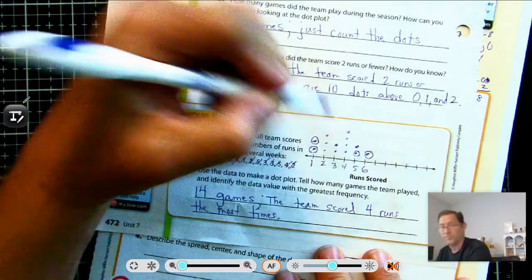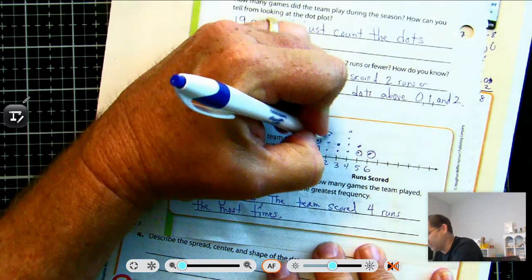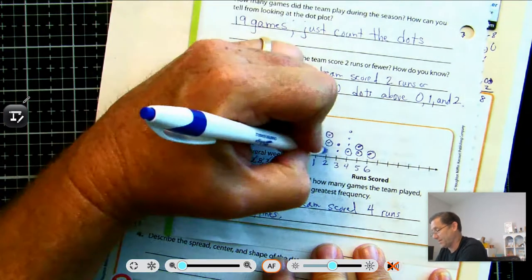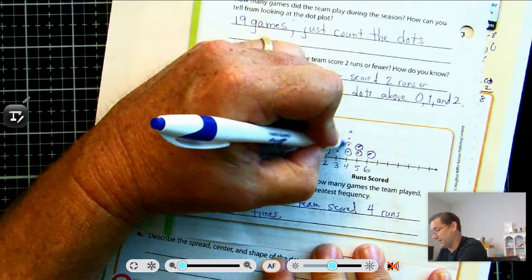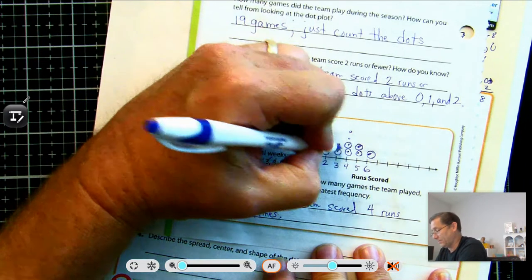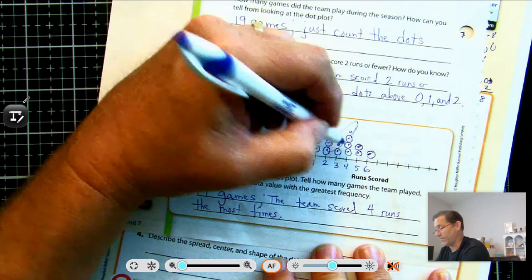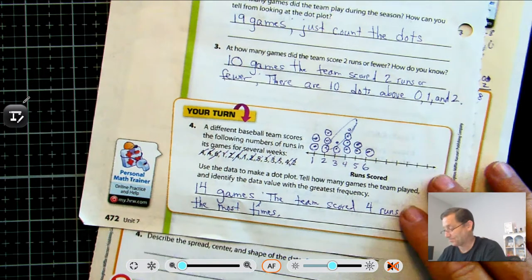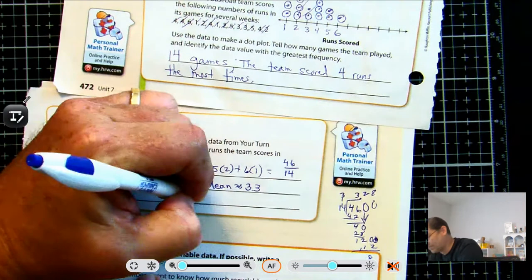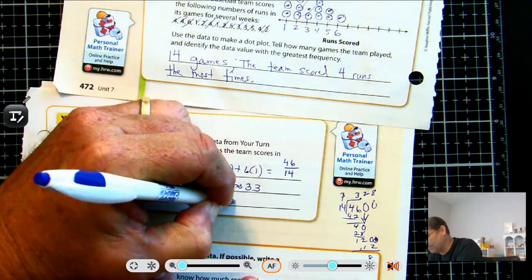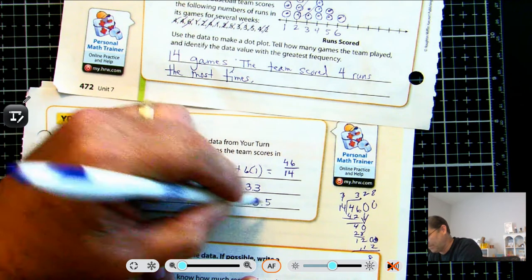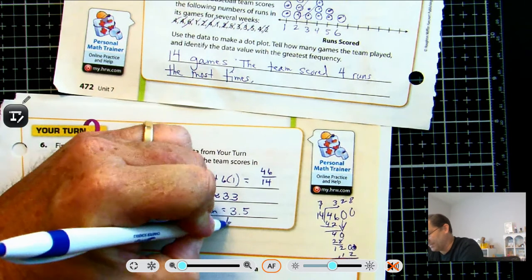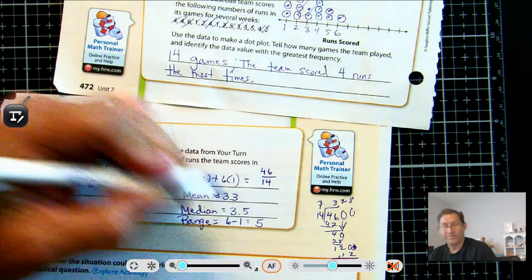The next 2 would be there, and the next, and the next, and so we're left with 3 and 4. So our median's 3.5. And the range is 6 minus 1, or 5.